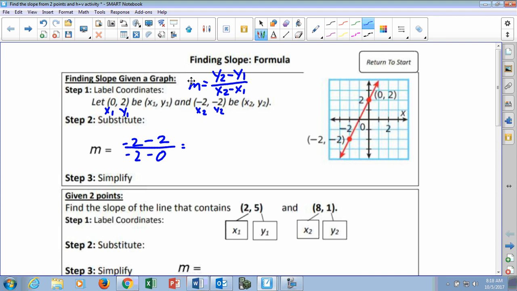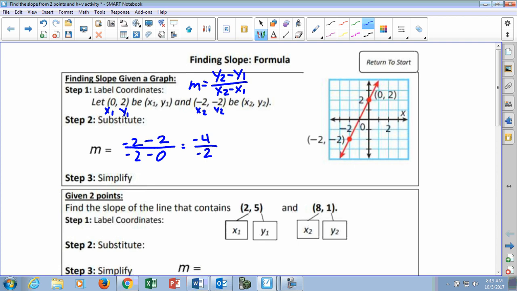So once we have it set up, now it's just subtracting, right? So what is negative 2 minus 2? Negative 4, right? Because I go further down the number line. And what's negative 2 minus 0? Negative 2.